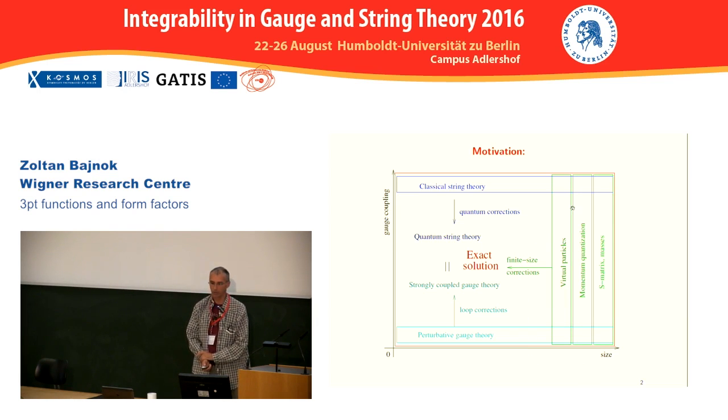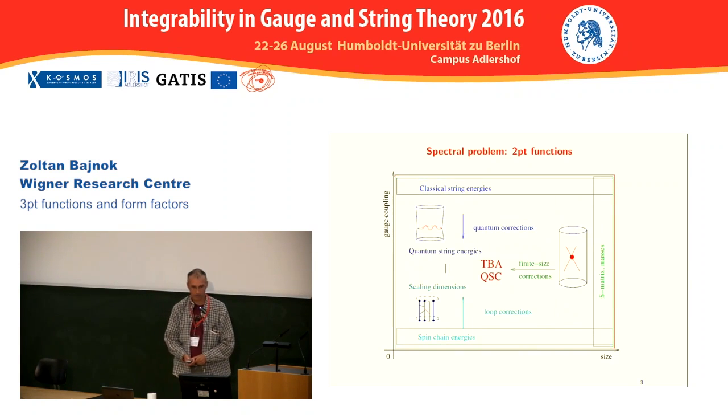The leading corrections are polynomial in the inverse of the volume, and these are momentum quantization. Exponentially small corrections are due to virtual particles. If you sum up all these finite size corrections in the ideal case, then you will have an exact solution. Then you can expand your exact solution for small or large coupling, and you will see that it matches with the perturbative calculations on the two sides.